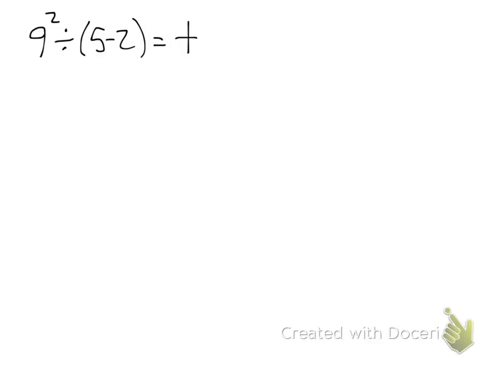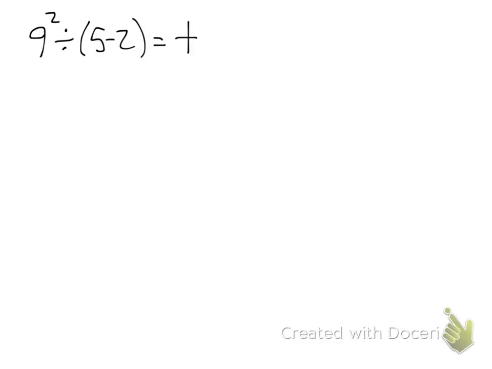So what comes first? 9 squared. The 9 squared divided by the quantity, or should I do the quantity of 5 minus 2? Parentheses should come first. Now, is that going to be affected if I take 9 and square it? Because exponents probably are next, right? Can I do both of those things at the same time?